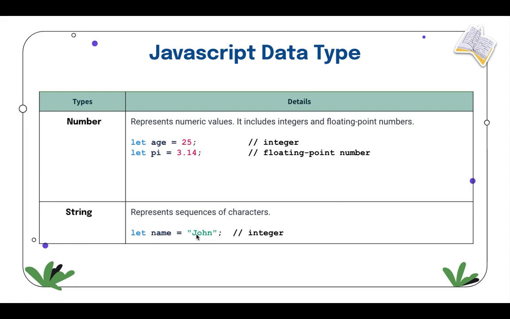A string can be created like, see, John has been assigned to the variable name. So this is a mistake in the PPT, it's not an integer, it's a string. I'll correct it. But this is how string variables look. This is the string data type.